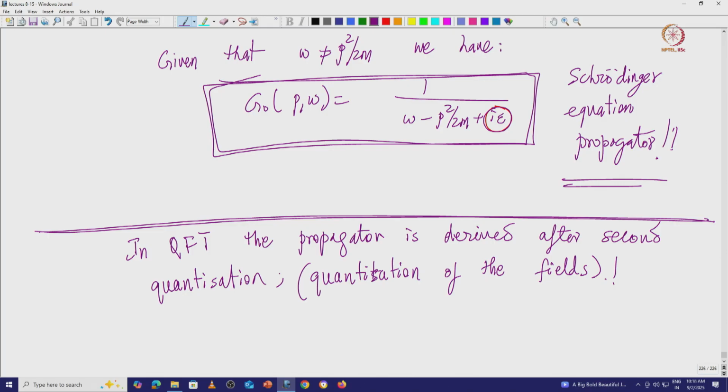We will do a part of it in the coming days, but right now why we are interested in the Schrodinger propagator is that we are learning several techniques.